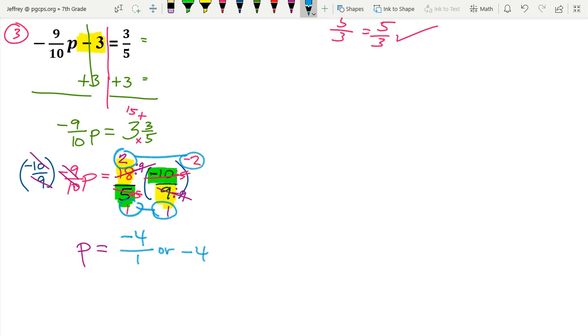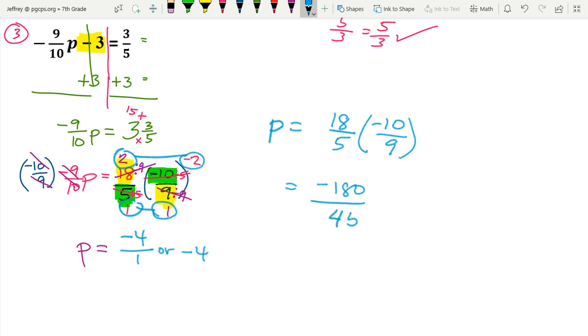Now, let's check if it's right. But before that, what if you don't want to cross simplify? If you don't want to cross simplify, your answer would look like this. Let me show you that. Negative 10 over 9. So you're going to do 18 times negative 10 is negative 180, and that's going to be 5 times 9, which is 45.